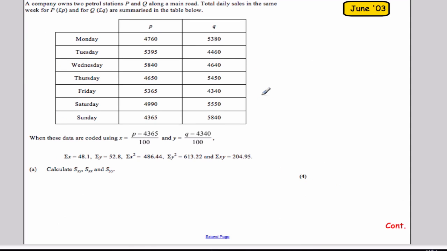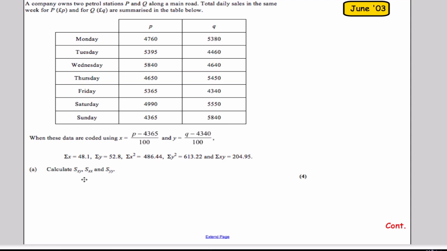Okay. Next question. A company owns 2 petrol stations, P and Q, along a main road. Total daily sales in the same week for P and for Q are summarized in the table below. So we have some data here, and the data is coded, and we're given some summary statistics.